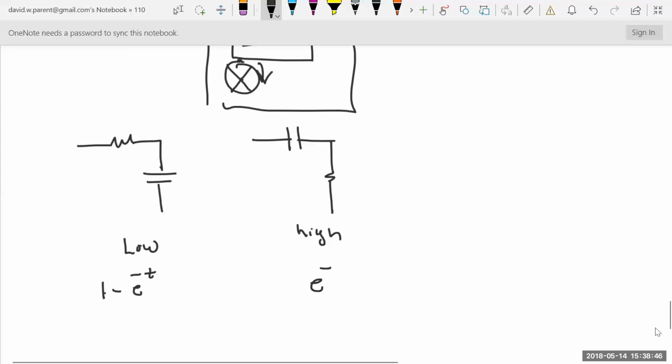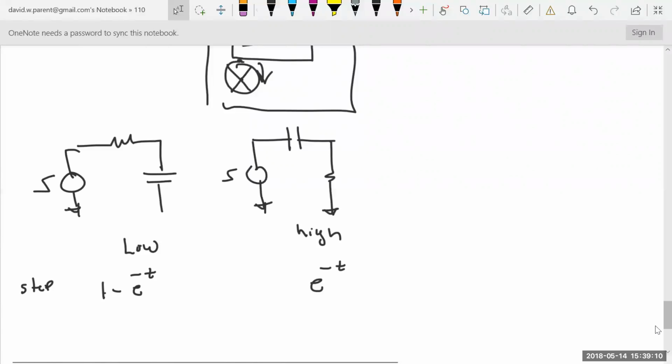We have e to the minus t for step, right? That's what we get for the step.